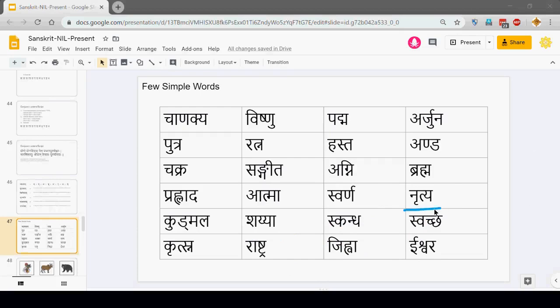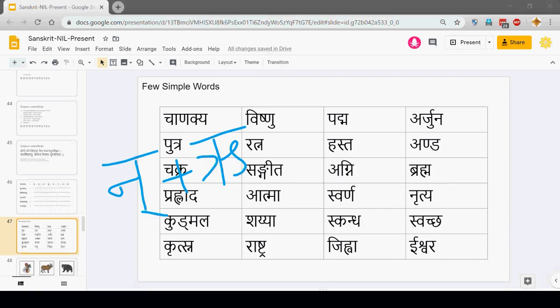Okay, next letter. Nritya. So the first one is not a conjunct letter. It is a nru, just a compound letter. What does it contain? It contains the consonant na, and there is a ru. Ru is a vowel, like a, e, u.